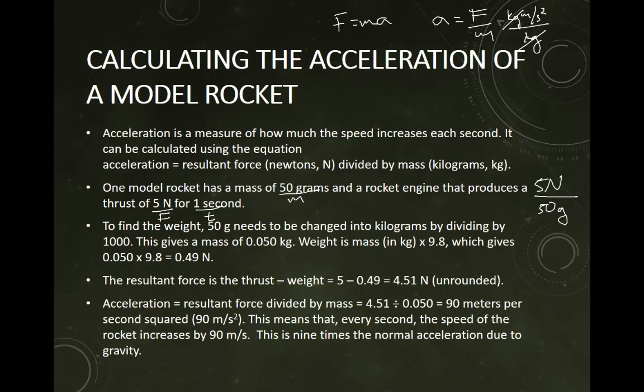If we want this in kilograms, we're not going to be able to use our 50 grams. We're going to have to convert that 50 grams into kilograms. So we can move our decimal 1, 2, 3, 0.05 kilograms.